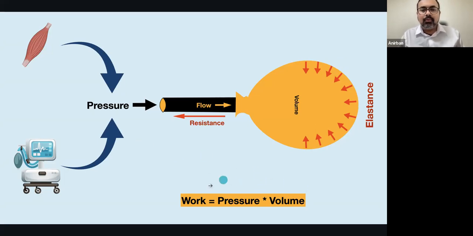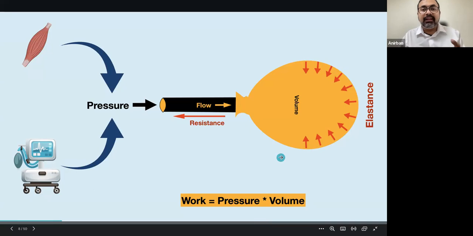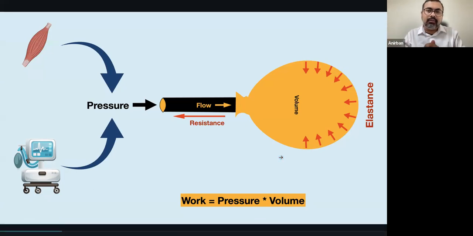So again, the work a ventilator does, or our own respiratory machinery does, is the product of pressure and volume: the pressure exerted and the volume of expansion of the lungs achieved. This is the work done by a ventilator or muscle or both together.